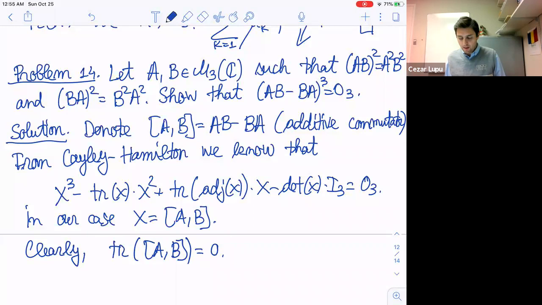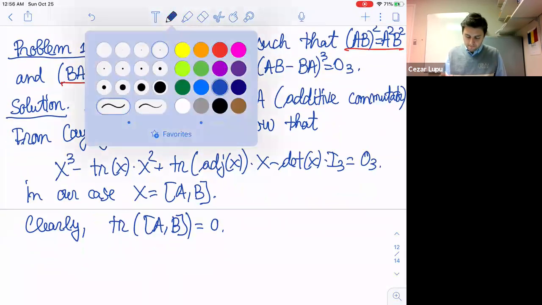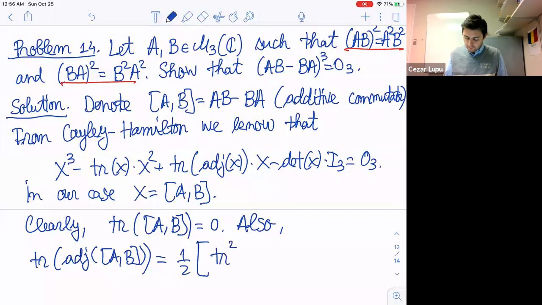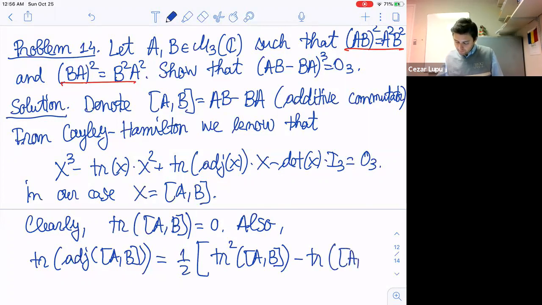And we would like to use these two equalities here to show that the trace of the adjugate, so keep in mind that the trace of the adjugate depends on the trace of the bracket, everything squared, minus the trace of the bracket squared here.